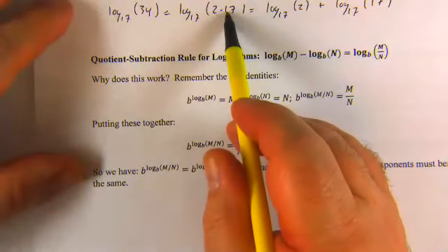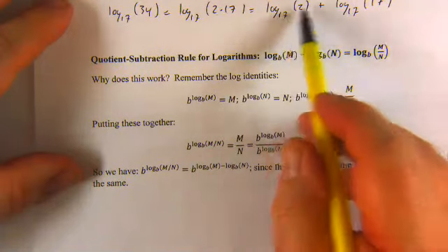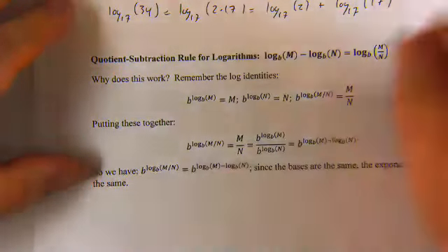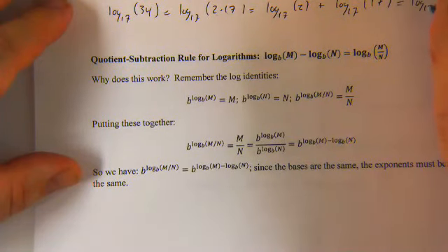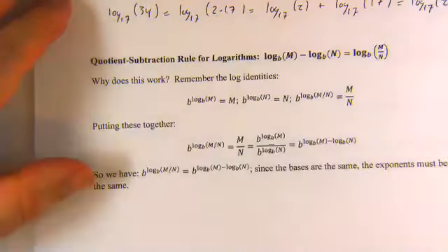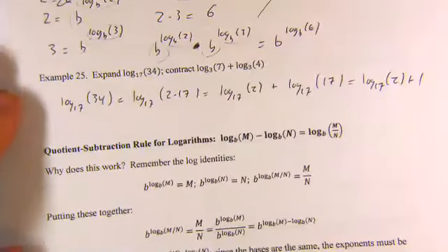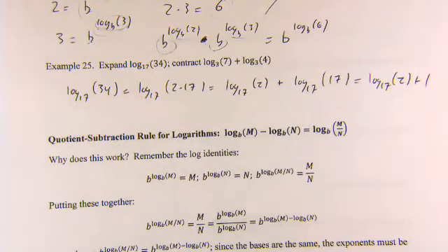And we know that log base 17 of 17 is just 1. So it's actually just log base 17 of 2 plus 1.